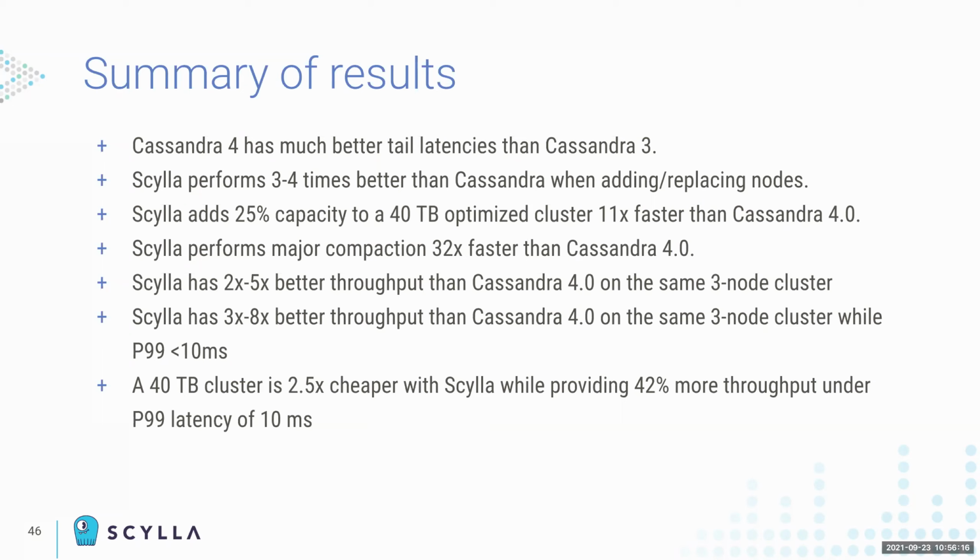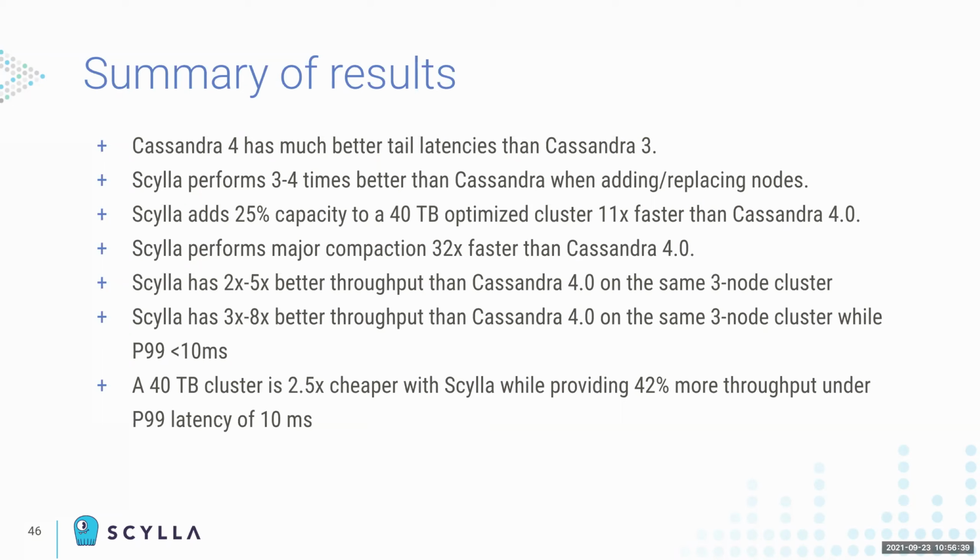Scylla major compaction is also much faster. That's due to the sharded architecture, and you don't have to manually shard Cassandra. Scylla has better throughput in an apples-to-apples comparison on the same types of instances.